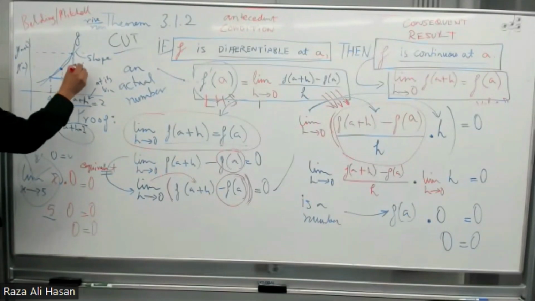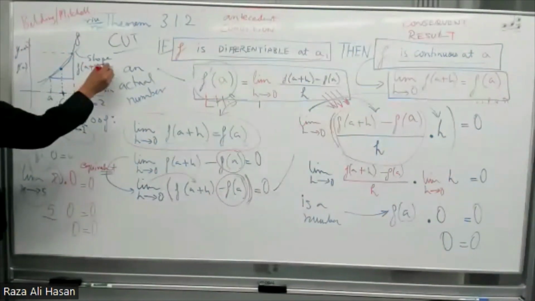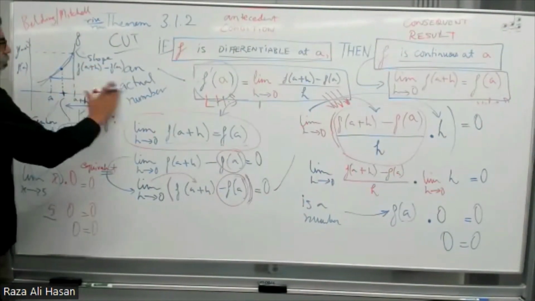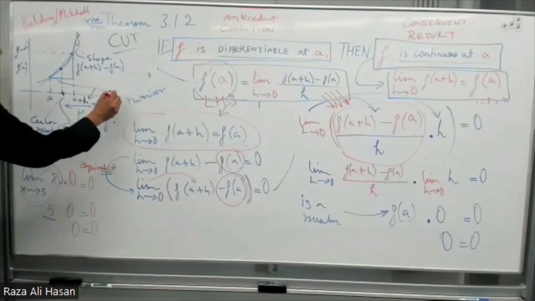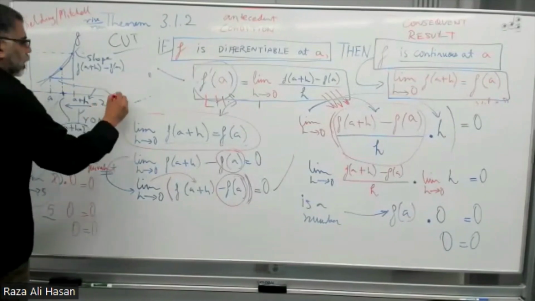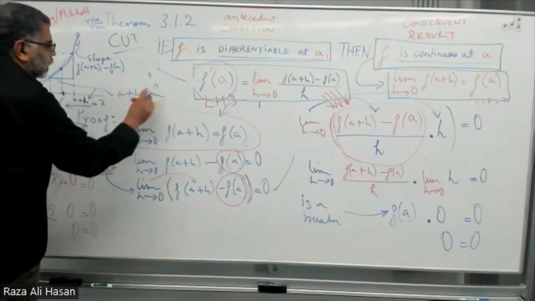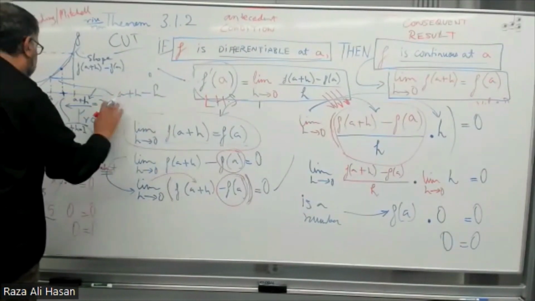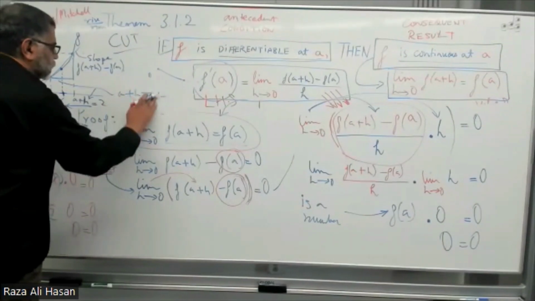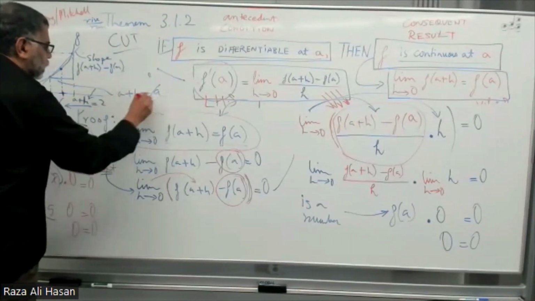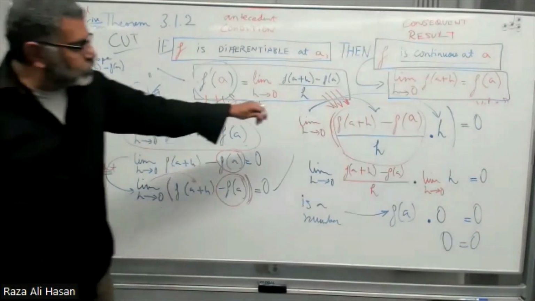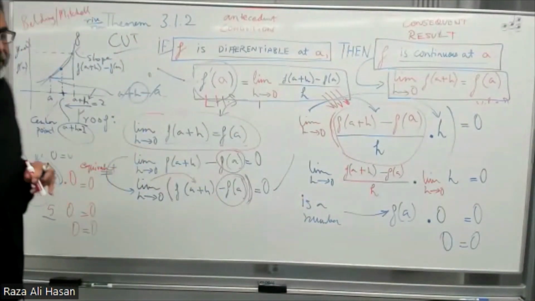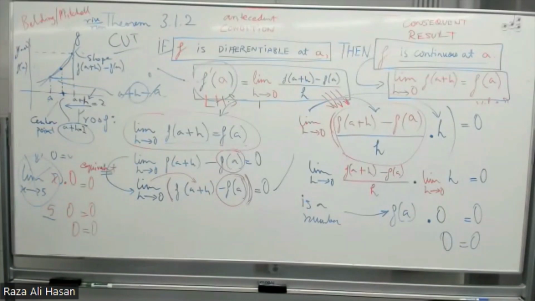This is rise. And this one is the run, which is A plus H minus A. Then these two cancel and we just have the H. That's the difference quotient. The difference quotient is the average rate of change.